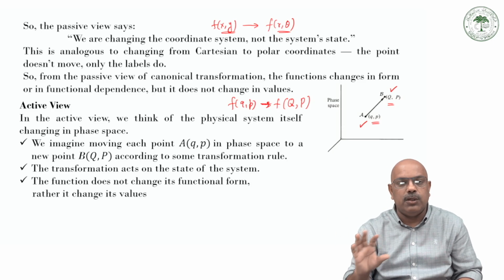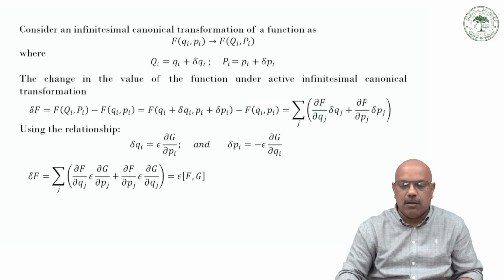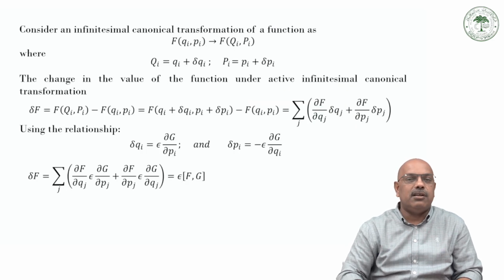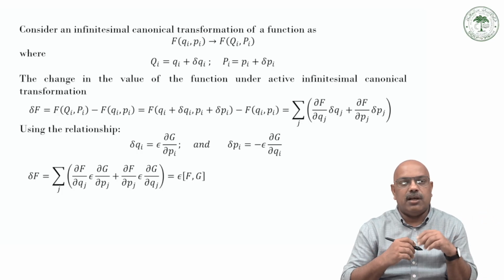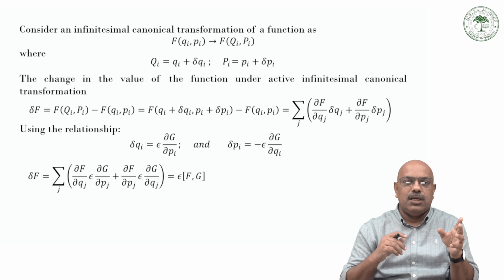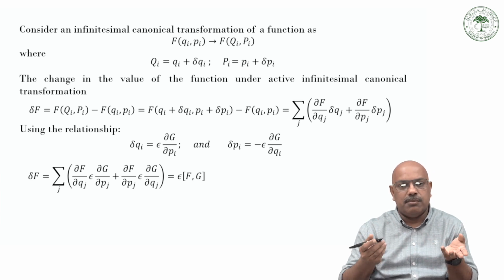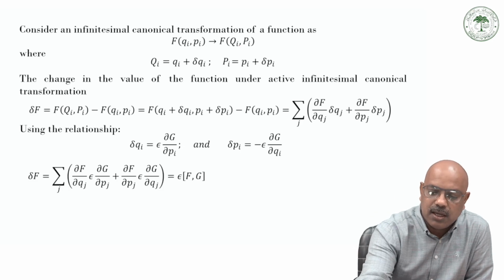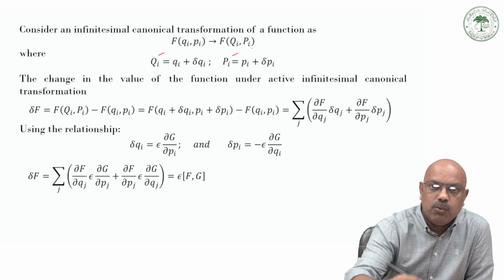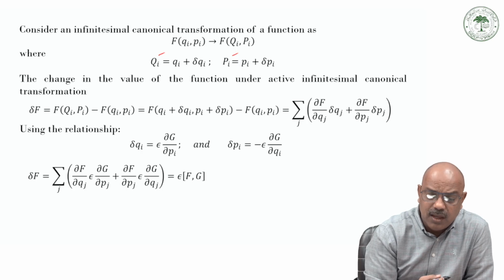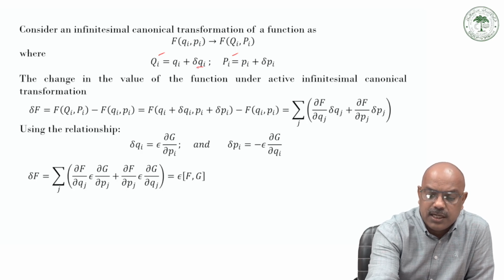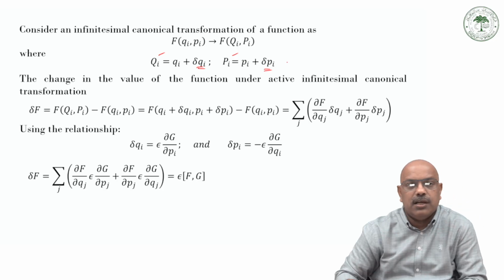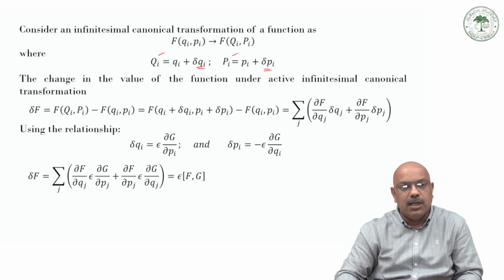So we are naturally going to take the active point of view. Okay, so if we consider the infinitesimal canonical transformation of a function that depends upon q, p, to some new Q, P, which we normally view in the active transformation, then the new canonical variables are related to delta q_i, delta p_i, which are infinitesimals, and that is going to be considered an infinitesimal canonical transformation.